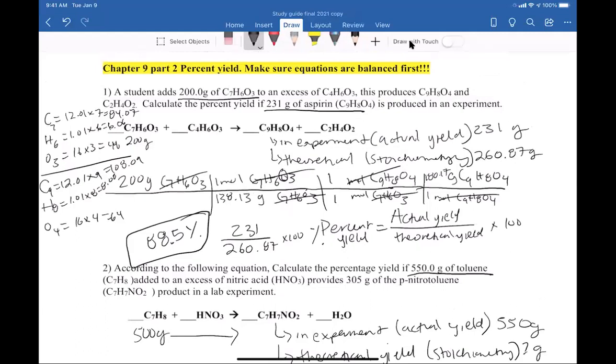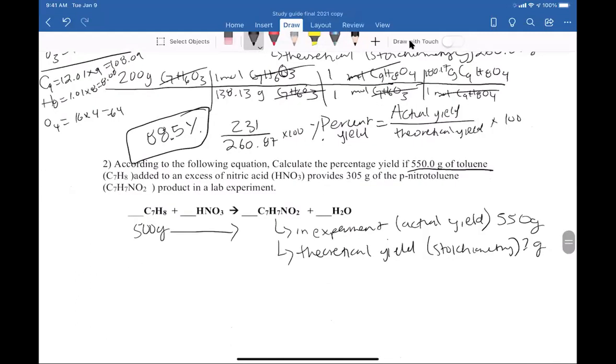So please, please make sure you try number 2. Again, mass to mass, just mimic what we did at the top. Mass to mass. Once you have that, that's your theoretical yield. That's the number that goes at the bottom. Your actual yield goes at the top. And then you guys do the percent yield.